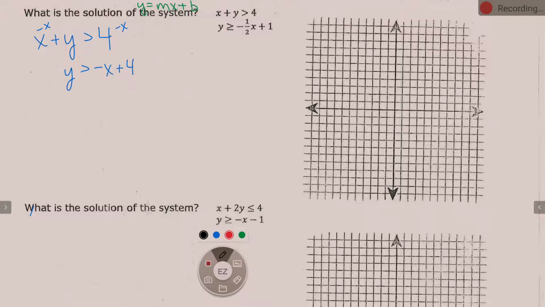What's the first place I start? What are we doing here? 4 on the y-axis, y-intercept, so up 4. That's my b value, right?